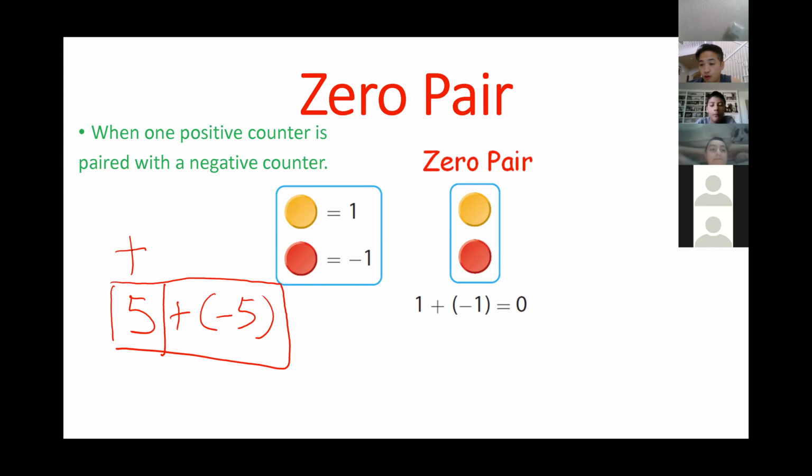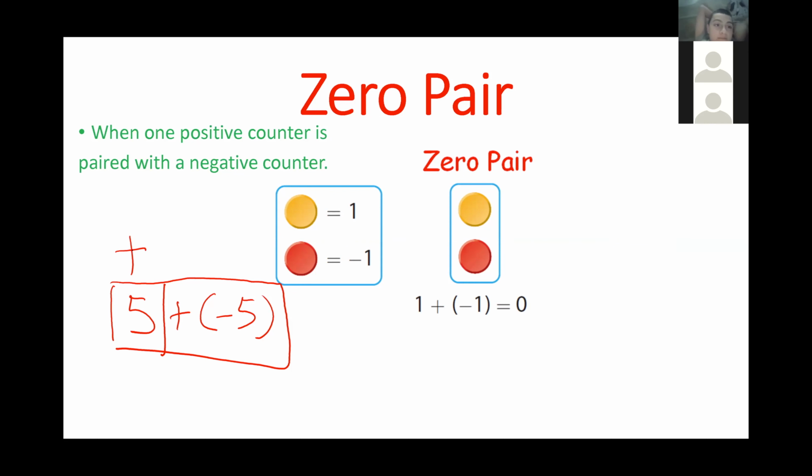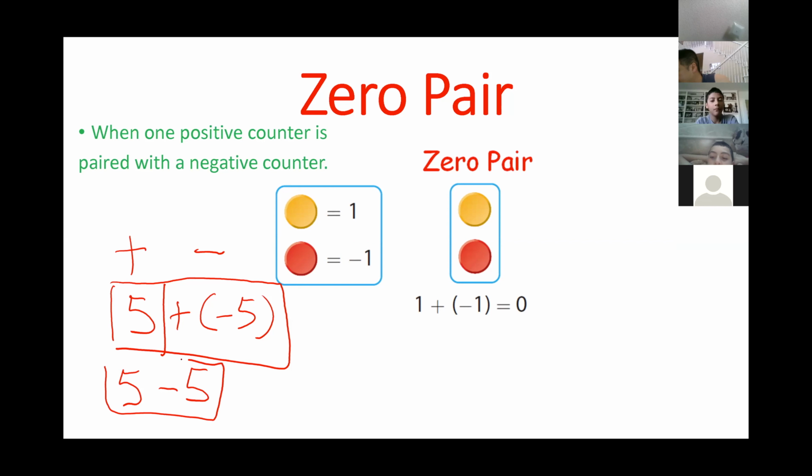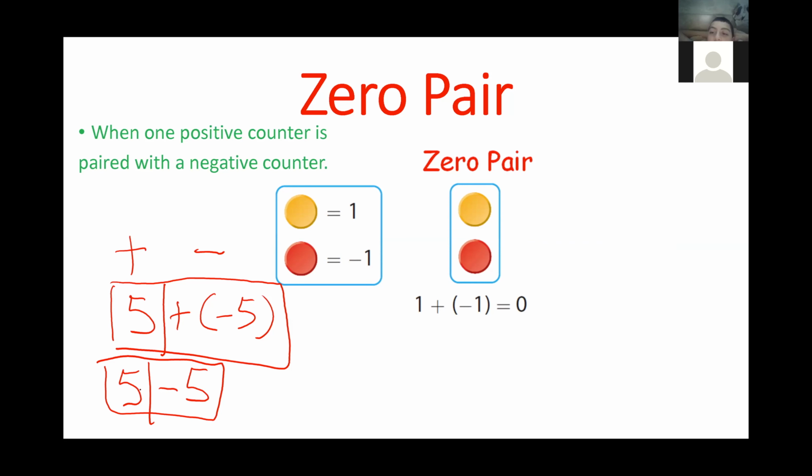Okay, so all right. So a positive right here times a negative, right? Because you got that parentheses, it's going to be a negative. Okay, so rewrite it. So now it's going to be a positive 5 and a negative 5. And without thinking, if I were to box it, you have a positive and negative. But what's 5 minus 5? Raise your hands. Whoever wants to answer this.